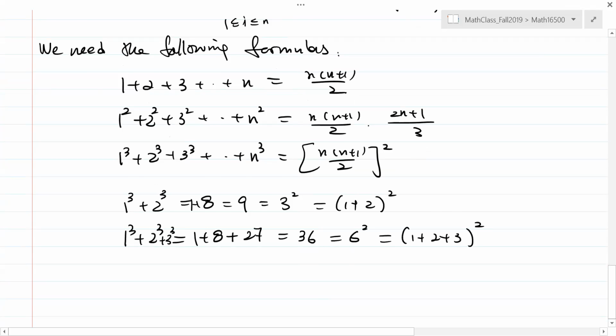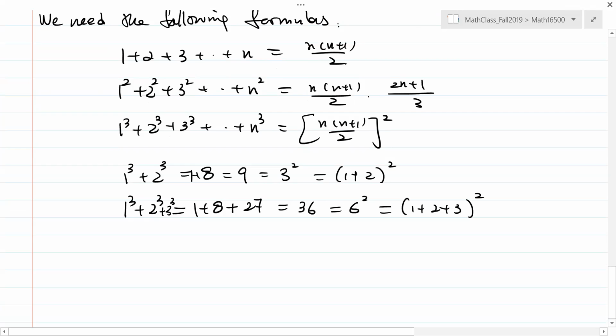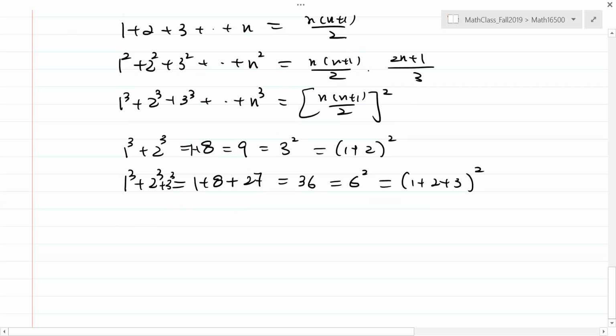You see that, right? So maybe the guy who discovered that formula at the very beginning looked at the first 3 examples, then said maybe this is true in general, then tried to prove it. Maybe he couldn't do it, then he made a conjecture. But other people who are very good at math probably could prove it. So these are the formulas we need.